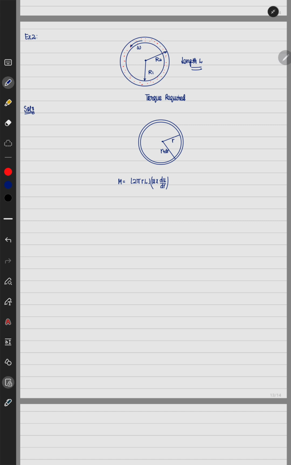Both brackets multiplied give the force, and it is multiplied by r to get the torque, because r is the length drawn from the center of the two cylinders, perpendicular to both the force and the axis. So this gives the lever arm. So M is given by 2 pi r L into mu into du by dr, where mu du by dr is the stress and 2 pi r L gives the area; this means force into r, which gives the torque.